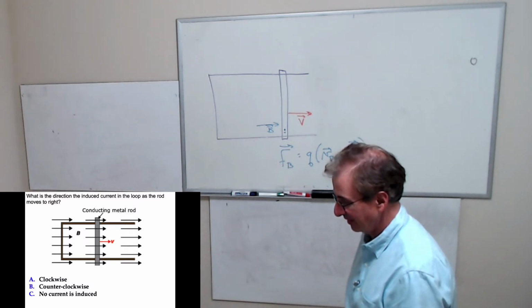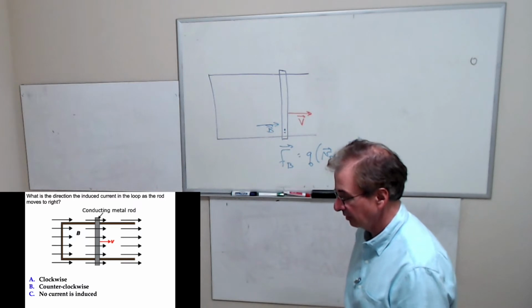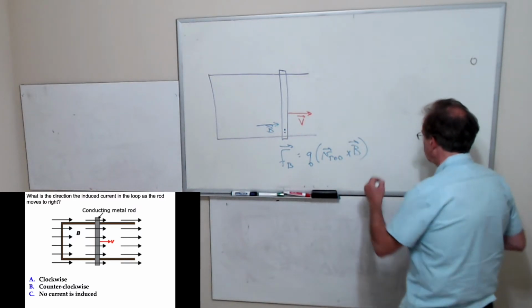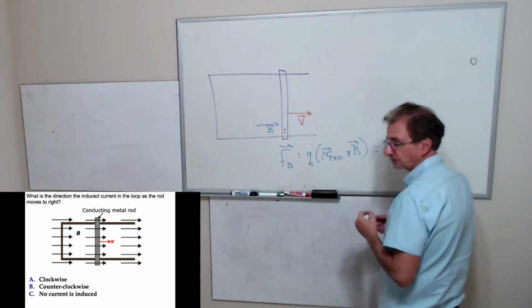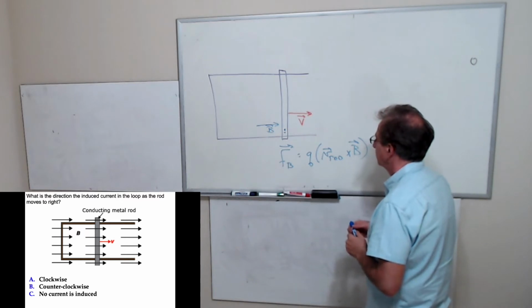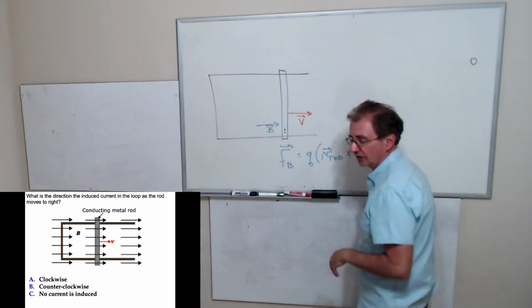Anybody? What's QV cross B? It's 0. Okay, so that means there's no force on the electron. If there's no force on the electron, you're not going to get any current in the circuit.